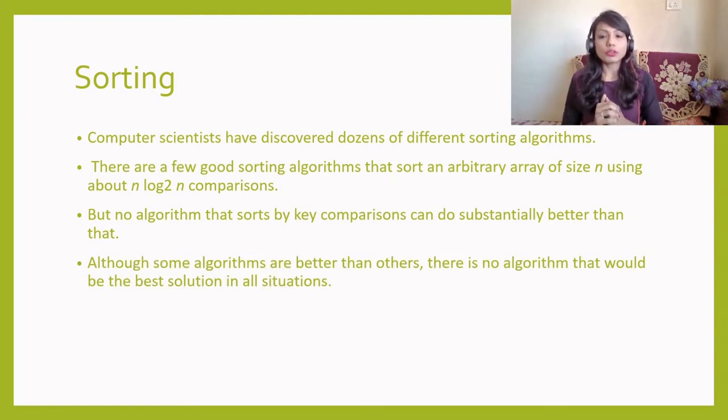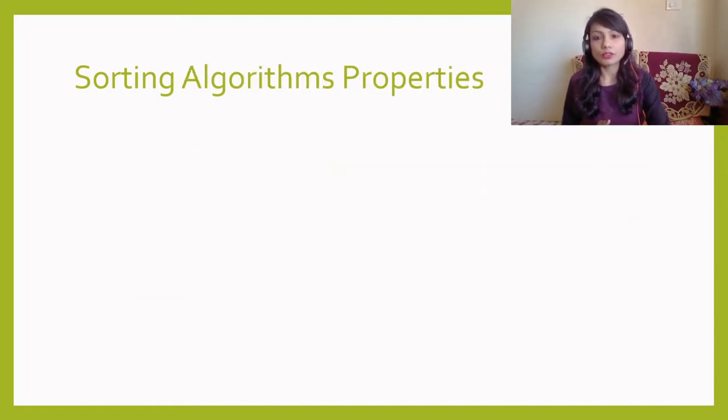One more thing to remember: although some algorithms are better than others, there is no one algorithm that is the best. Some algorithms are good for certain conditions, for certain machines, for certain types of input, and some algorithms are for some other type of input.